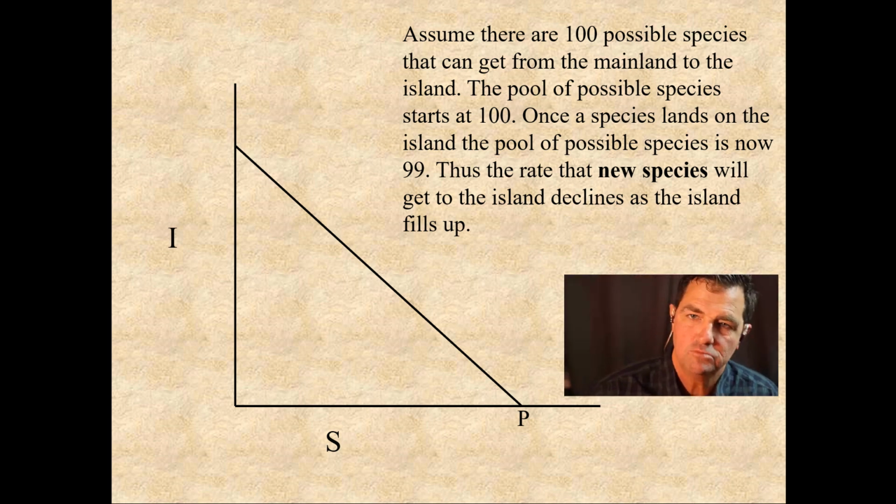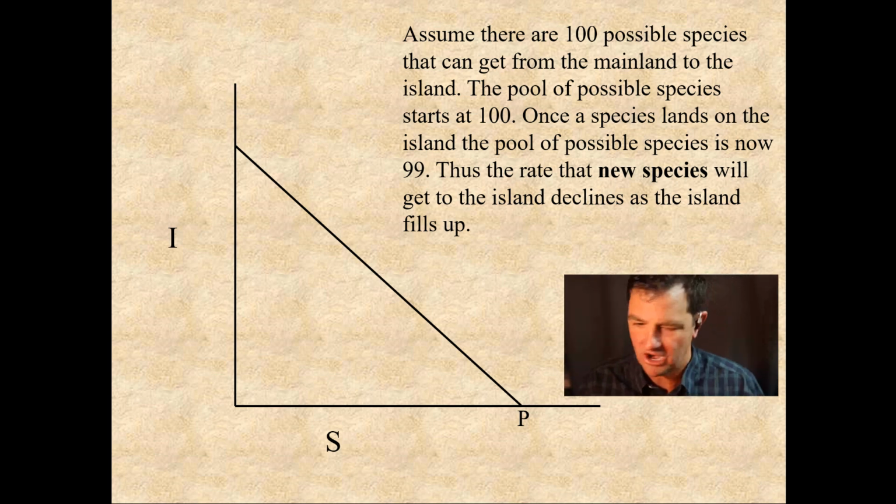So I'm going to give you an example. Assume on the mainland you have a possible number of species, say 100 birds, that could occupy your island, and right now there are no species of birds on a particular island. It's empty.